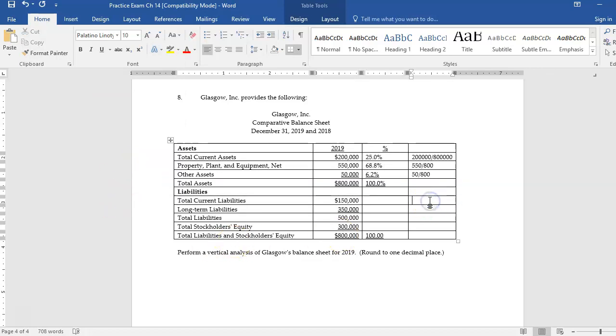All right, this one is done the same way. So 150 divided by 800. 350 divided by 800. 500 divided by 800. And 300 divided by 800.